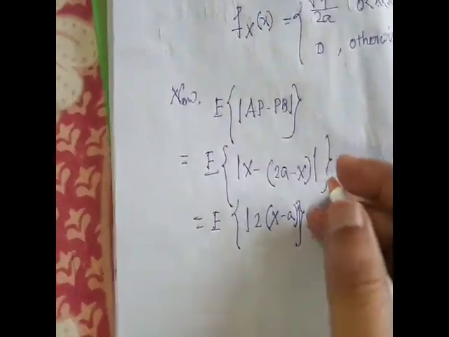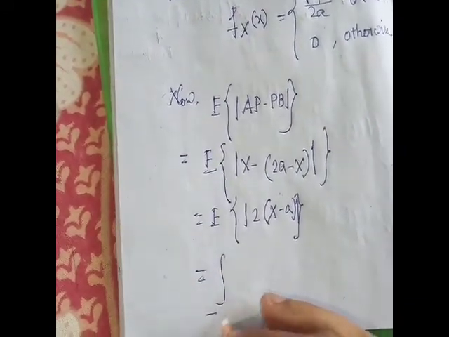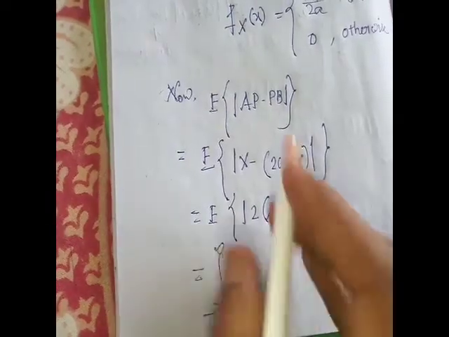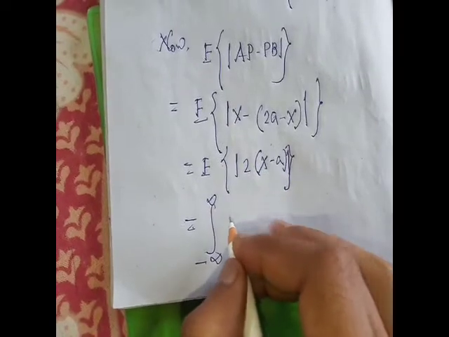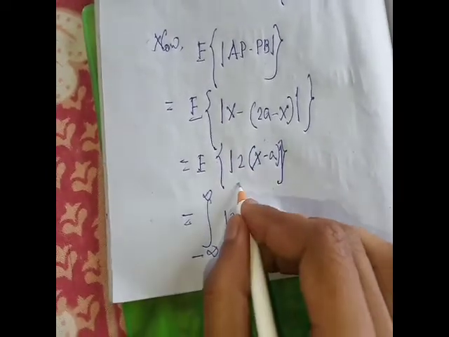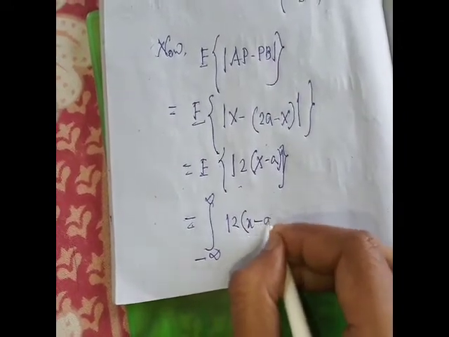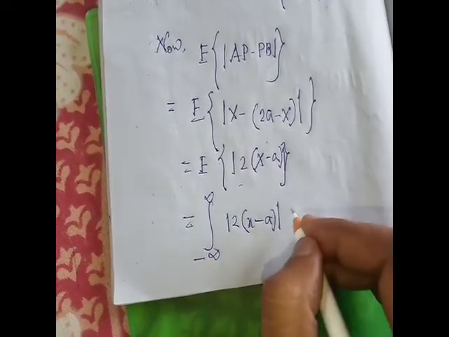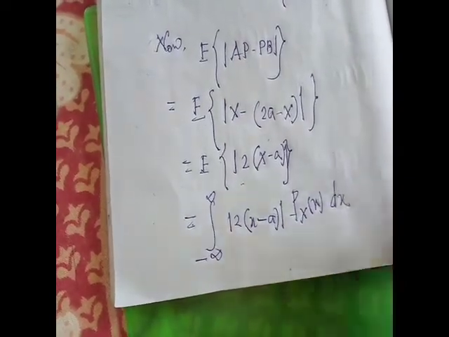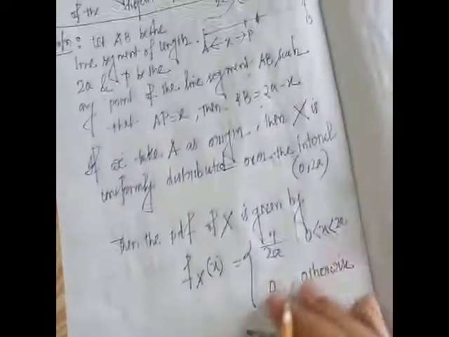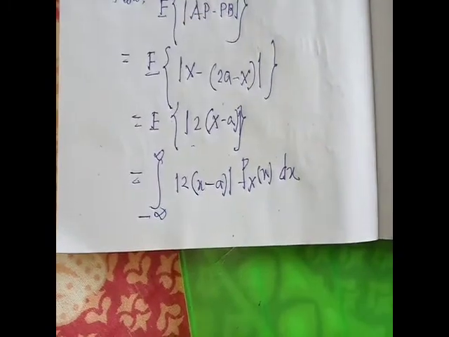Okay, so the formula of expectation for a continuous distribution is the integral from minus infinity to infinity of the function into the PDF. The PDF is 1 by 2a, and the function is mod of 2 into (x minus a).